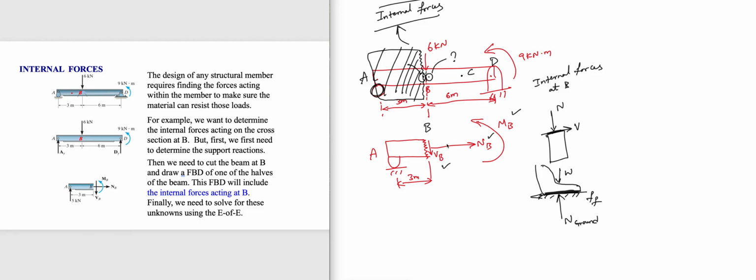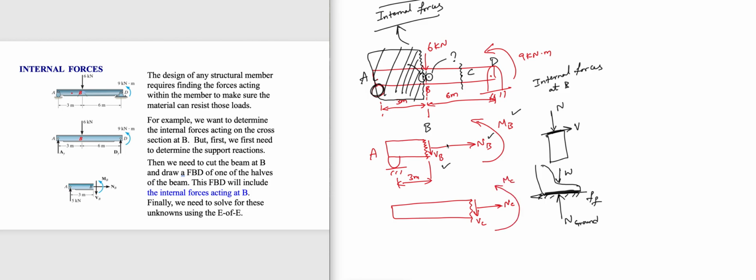And when you make a cut, you have to draw three things: normal, shear, moment at C. That means you have to draw something like this, right? And this is at C, so you have to draw normal at C, shear force at C, and a moment at C.